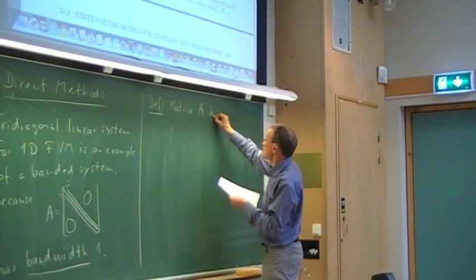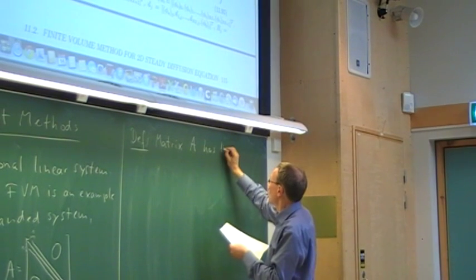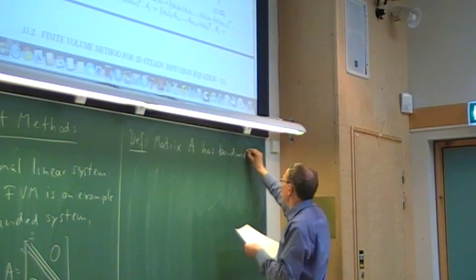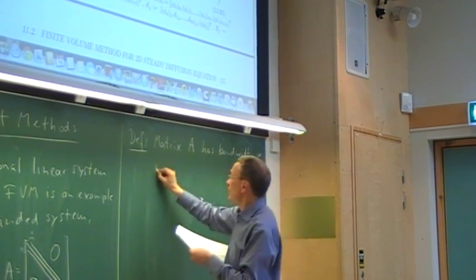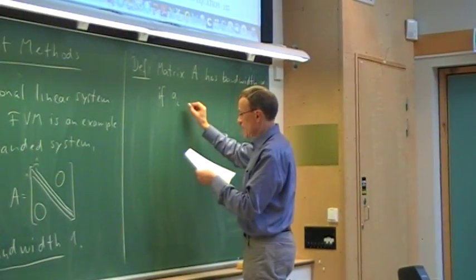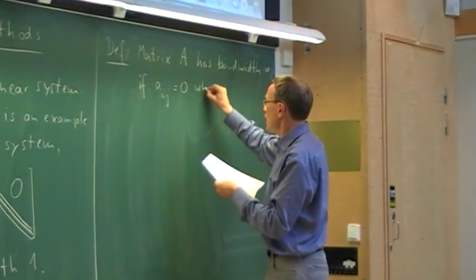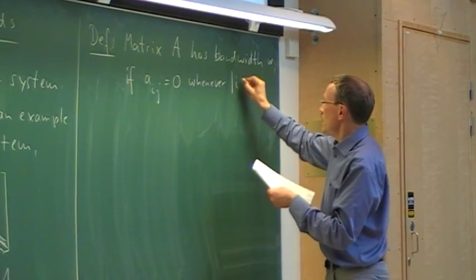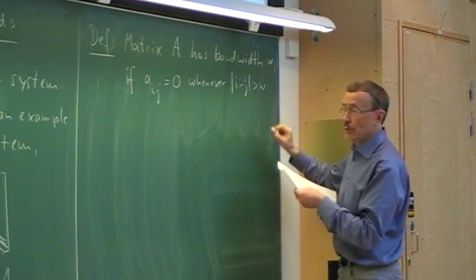Matrix A is said to have bandwidth w if the following is true: if the element in the matrix Aij is equal to 0 whenever the absolute value of the difference of the indices i minus j is greater than w.